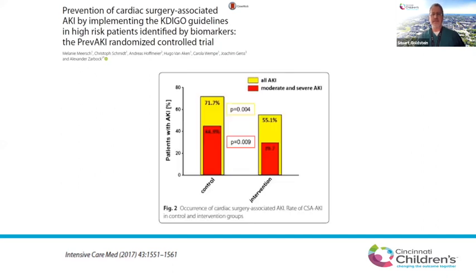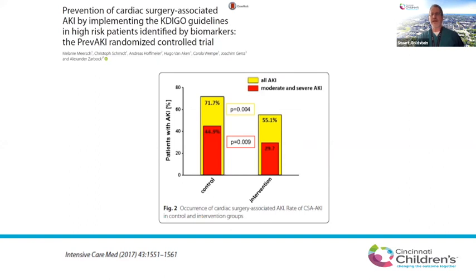And what you can see here is that control patients, so those who had elevated cell cycle arrest markers who did not receive the bundle, had about a 72% rate of AKI and a 44% rate of stage 2 or 3 AKI.